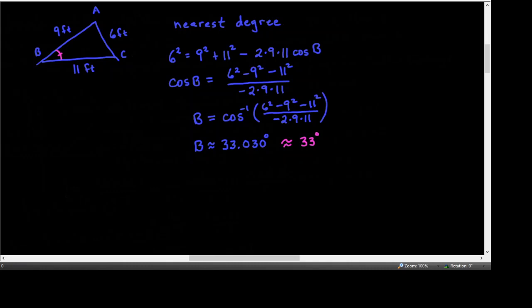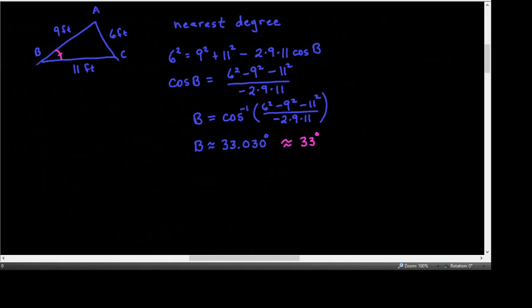Okay. If you had side angle side, that's one of the 2 major ones that is going to use the law of cosines first, and that'll find that third side. Then you can use the law of sines to find the smaller of the 2 remaining angles, just to be on the safe side. You don't want to potentially be finding what's supposed to be obtuse with the law of sines.